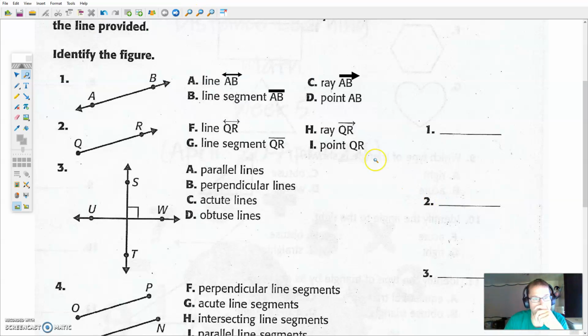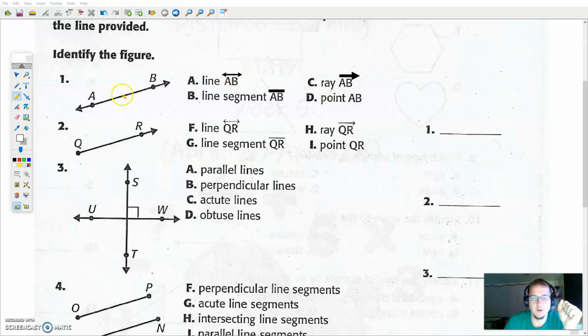I don't think I covered that well in the very beginning, so now I have. So let's just continue on then. If we have this here, you'll notice we have an arrow on this side and an arrow on that side. If we have an arrow on both sides, that's representing a line.